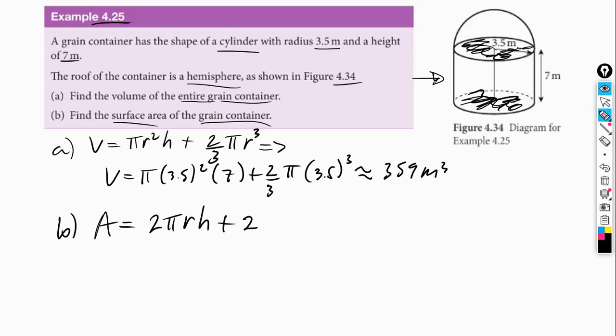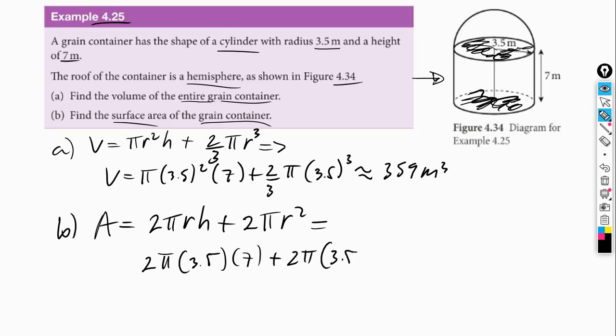So 2 pi r squared. And then we substitute. So this is going to be 2 pi times 3.5 times 7 plus 2 pi times 3.5 squared. Plug this into the calculator, and it's going to give you approximately 231 meters squared.